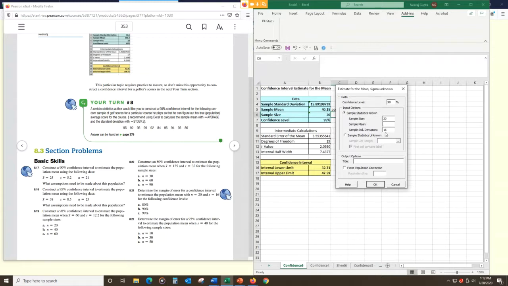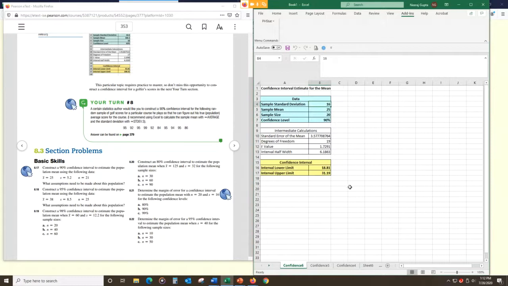Just provide a legitimate number, so let's say 25. It doesn't matter if I provide even 30 or 35, but don't provide a huge number. It should be similar to the sample standard deviation so that it doesn't mess up with extrapolation. If you click OK, we see the margin of error, which is my interval half width, is 6.1863.